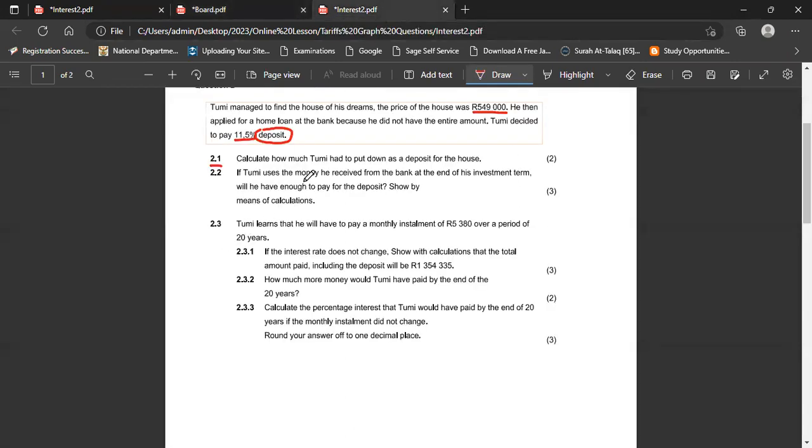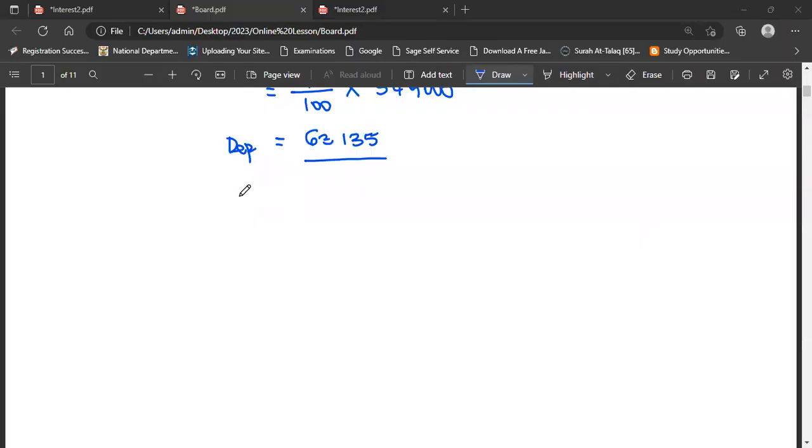All right, 2.2. If Tumi uses the money received from the bank at the end of the investment term, will he have enough money to pay for the deposit? Show by means of calculation. All right, we come back and say we're looking at 2.2.